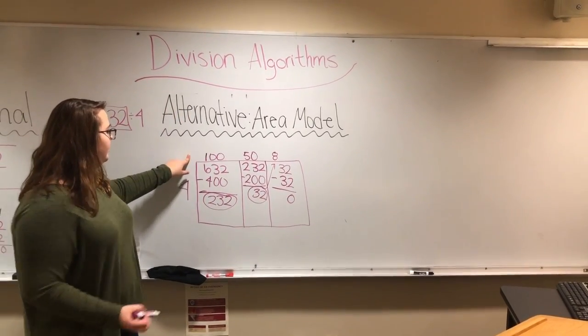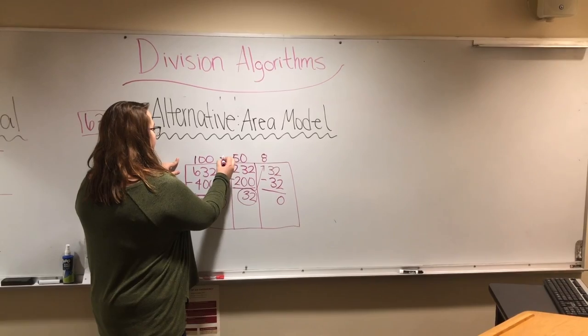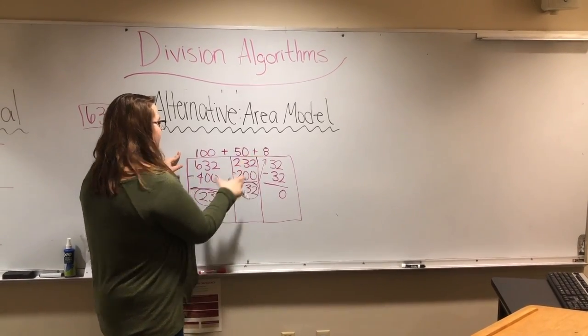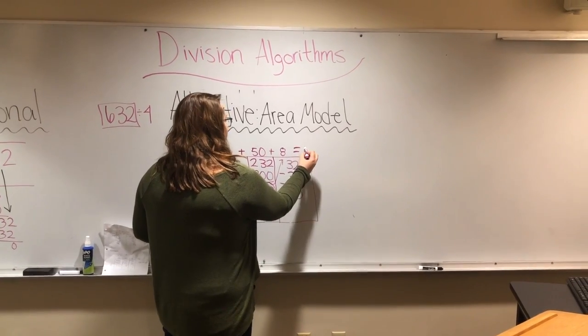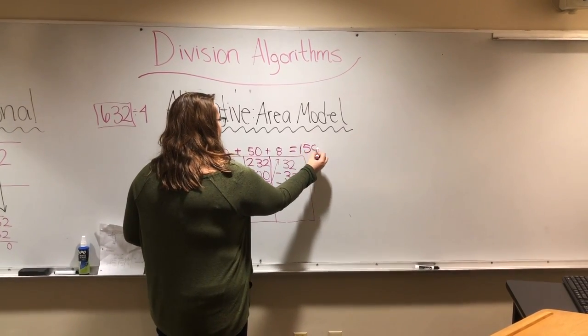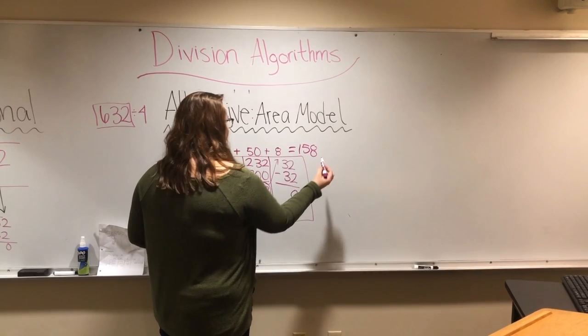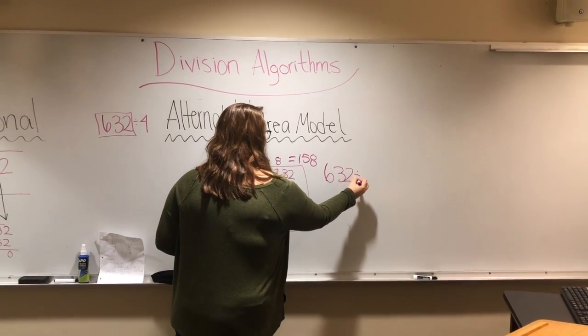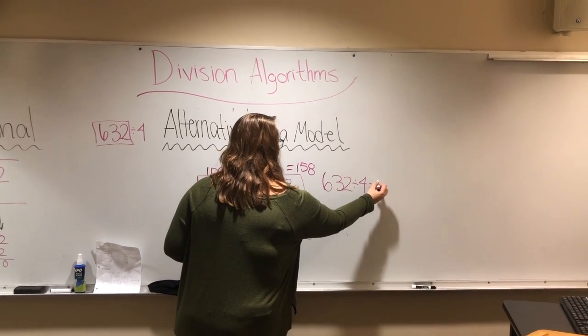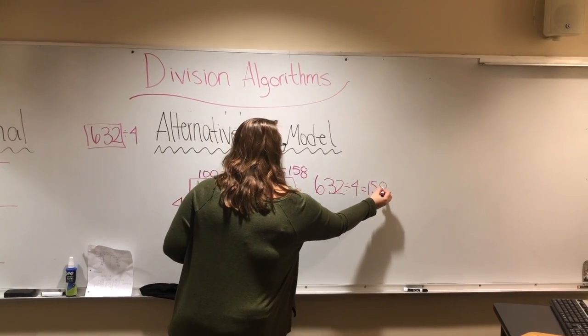So what we want to do now is we're adding the numbers at the top from each of our chunks of our whole rectangle, and that gets us 158. So the answer to our problem, 632 divided by 4 equals 158.